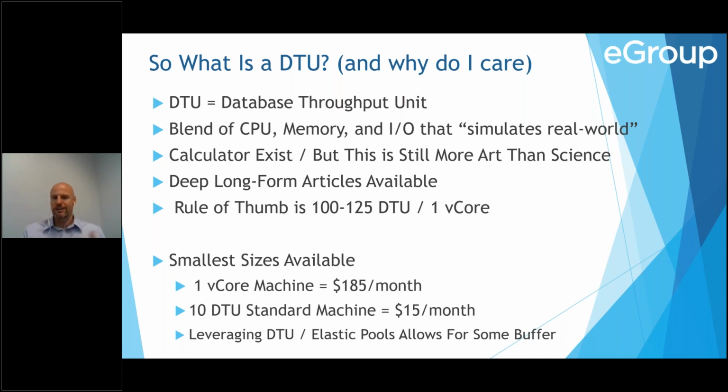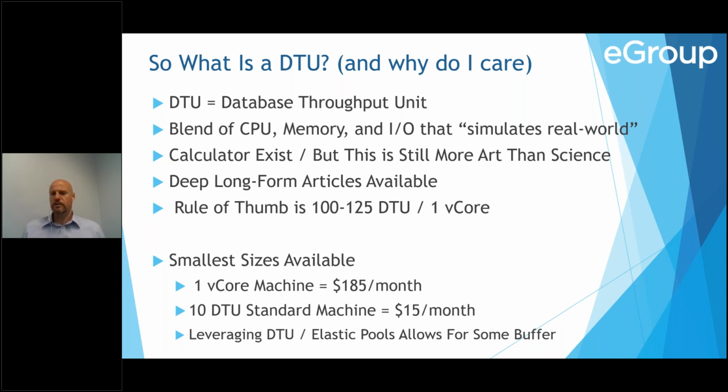And so calculators exist, but it's still more art than science. And there are deep, long form articles available on where the DTU area makes sense and where it doesn't, and what that really amounts to. But the rule of thumb is based on service tier, 100 to 125 DTU equal one core.